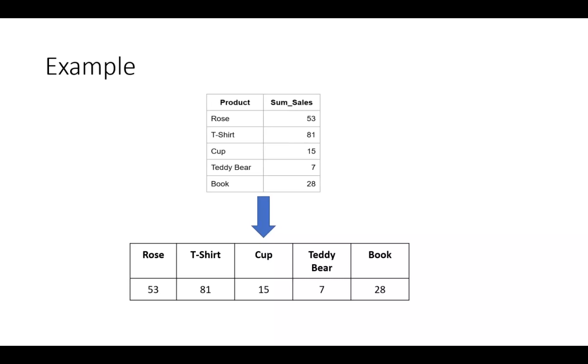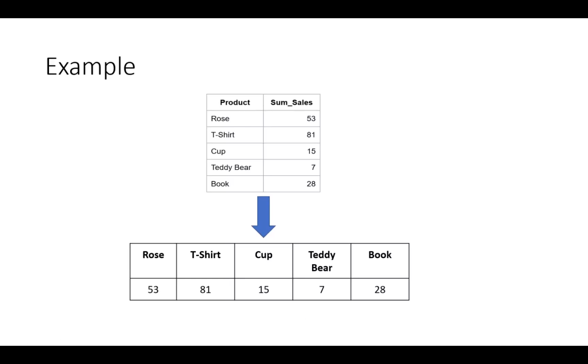If I were to rotate this particular table, this is what I would get. I took unique values from this column and made columns out of that. So rose, t-shirt, cup: instead of being rows, they became columns. And against each one of them, I see how many of them were sold in my store. So this just gives me a better view.